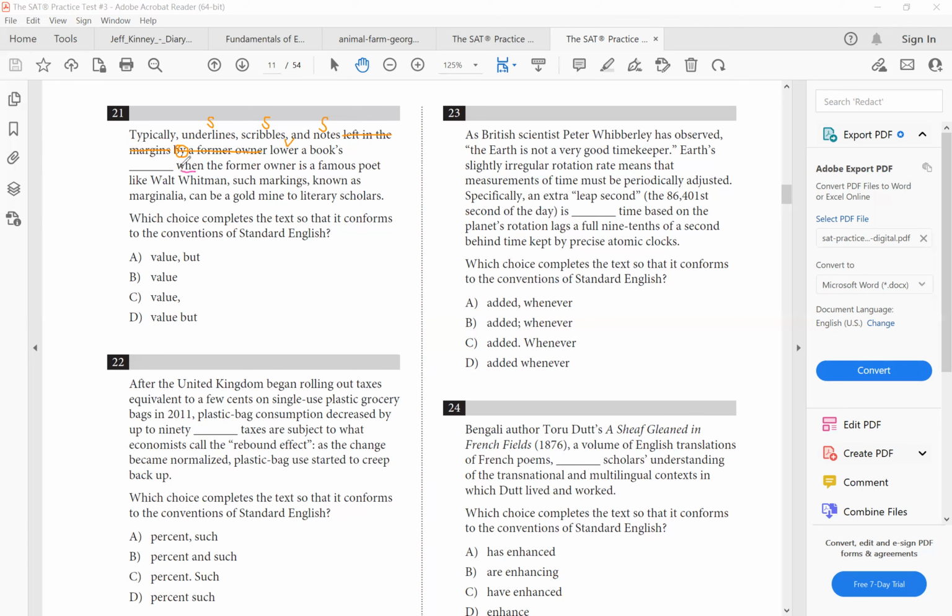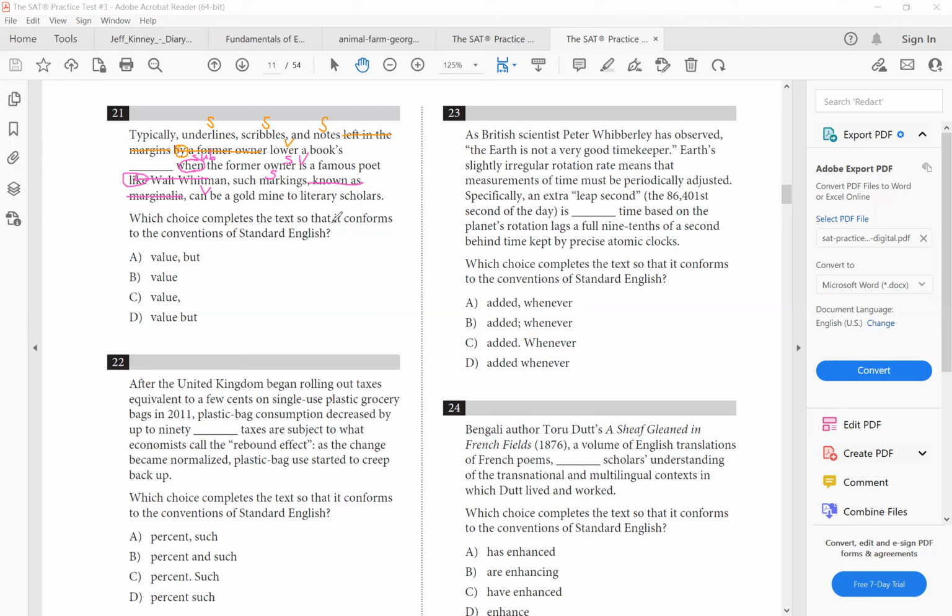And then when is a subordinator, meaning it makes a clause dependent. So when the former owner is a famous poet, cross out like Walt Whitman, prepositional phrase. Such markings, which is our subject, cross out the participle phrase known as marginalia, can be a gold mine.